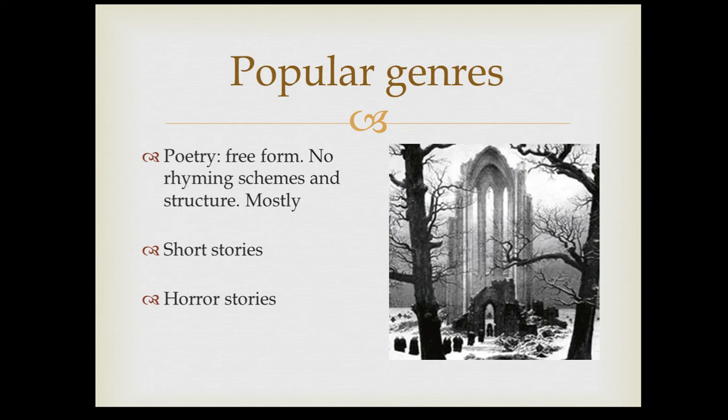But seeing as freedom is an important thing in both Romantic and Transcendental literature, Romantics and Transcendentalists felt like form isn't really all that important. Short stories are also a popular form, and horror stories are really popular at this time. Famous horror story writers: Edgar Allan Poe, Mary Shelley, and others.